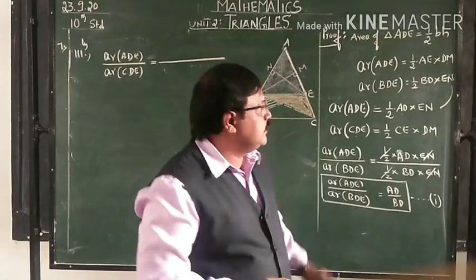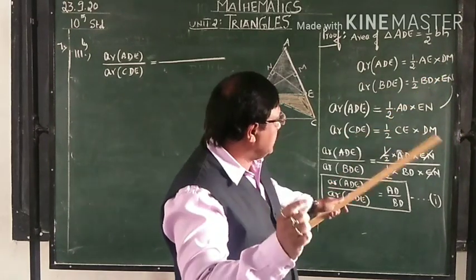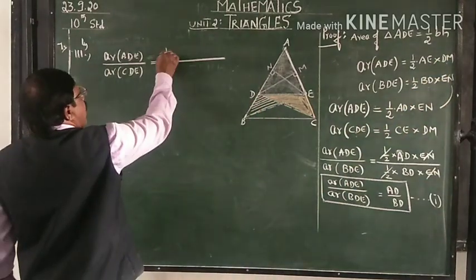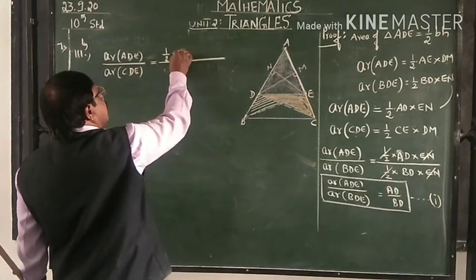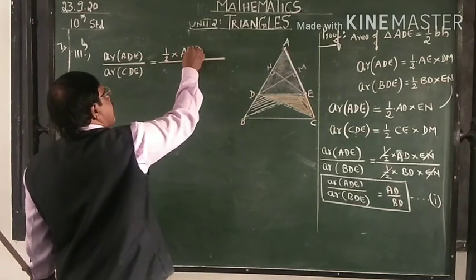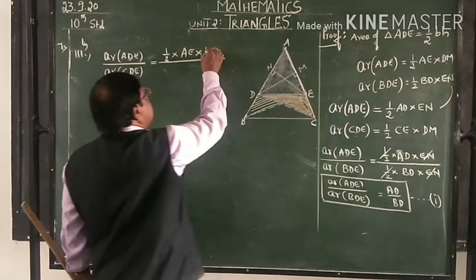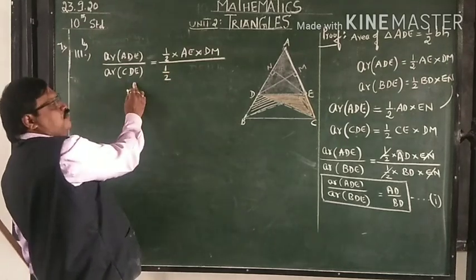See students, again you take the heights DM and divide these two: half into AE into DM over the area of CDE.